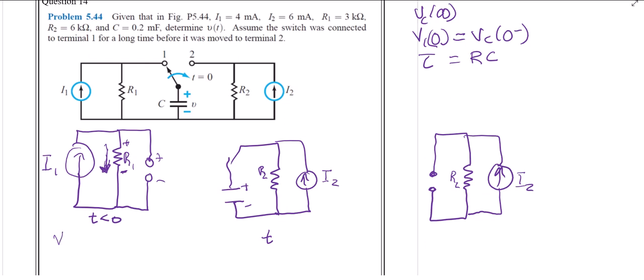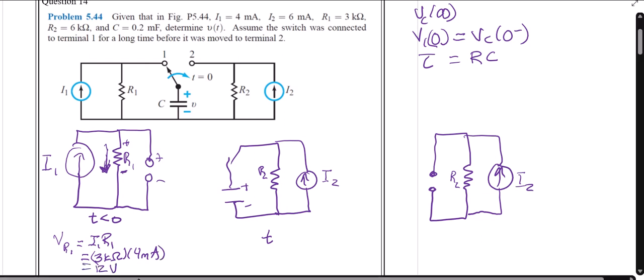And so I can say the voltage across resistor R1 is I1 times R1, which is 3 kiloohms, and I1 is 4 milliamps, which is 12 volts. So that tells me VC of 0 minus is 12 volts, and so is VC of 0.